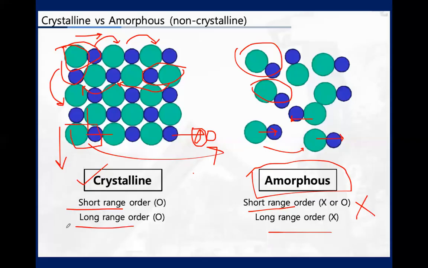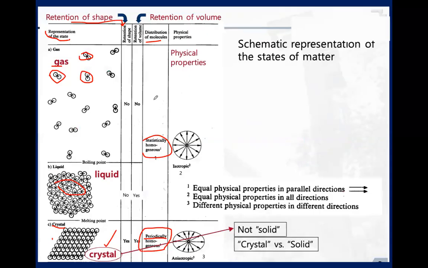For example, as you saw here, from this point to this point, it's not homogeneous because they have two shapes, two sizes, two volumes. But if you take this as a unit and it is repeating here again and again, then it is periodically homogeneous. So crystals are periodically homogeneous in terms of distribution of molecules.